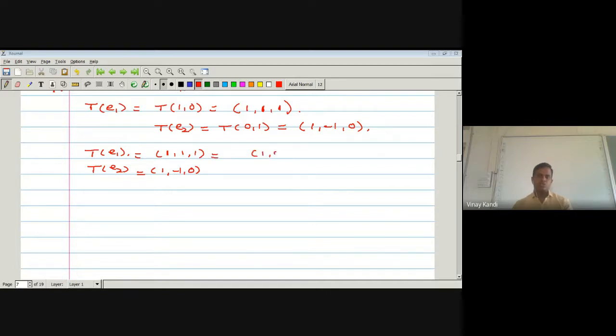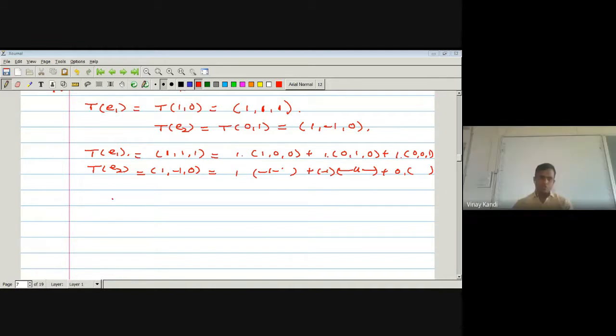So this is 1 times (1, 0, 0) plus 1 times (0, 1, 0) plus 1 times (0, 0, 1). Similarly here, the scalars are 1, minus 1 and 0. Is it correct? Yes, sir.